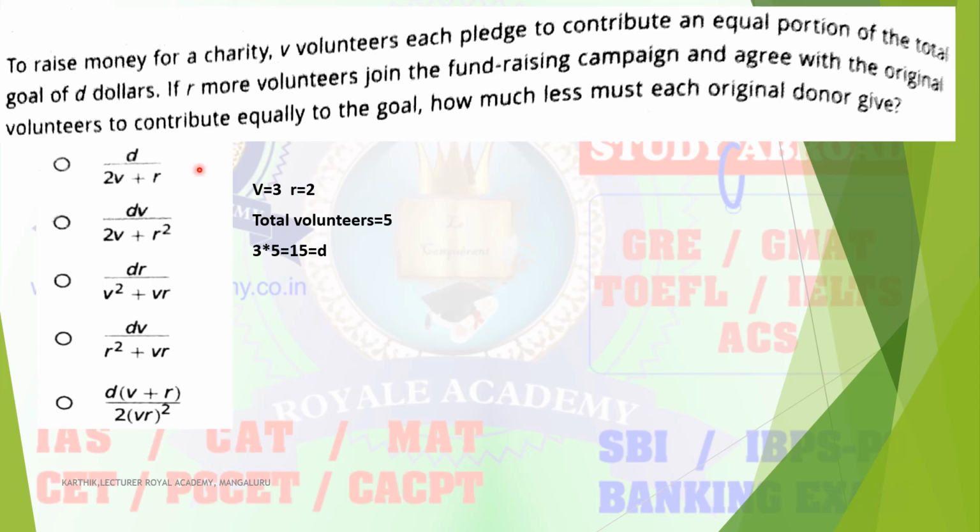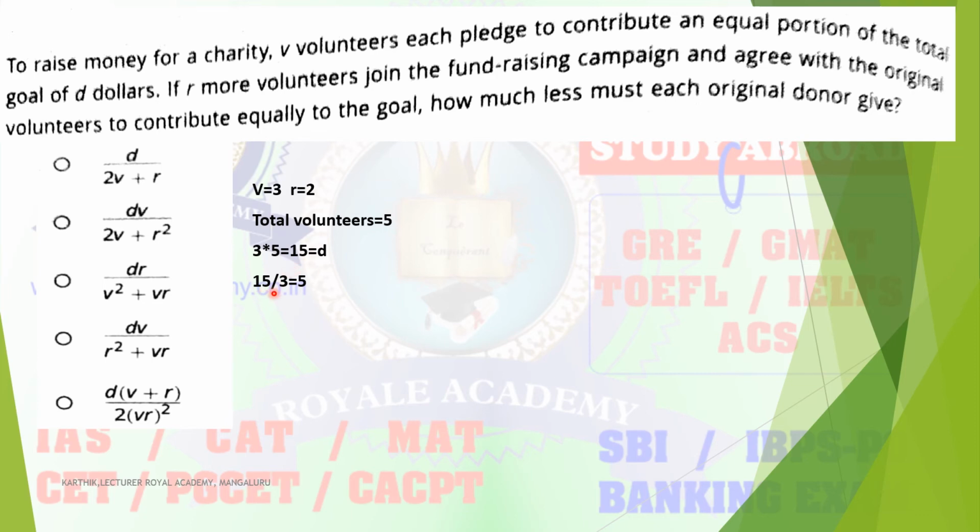So I will just multiply 3 into 5, that is 15. 15 is D. D is the total dollars we have to give to the charitable trust.